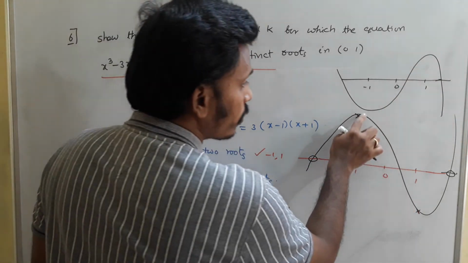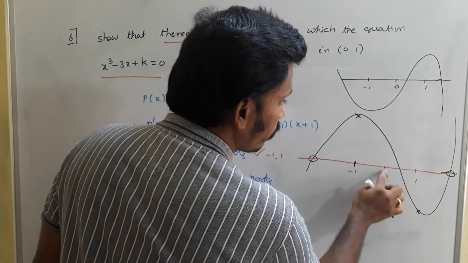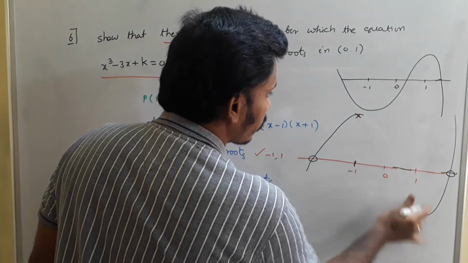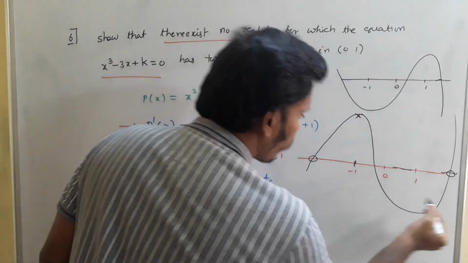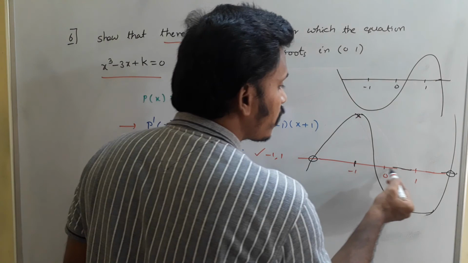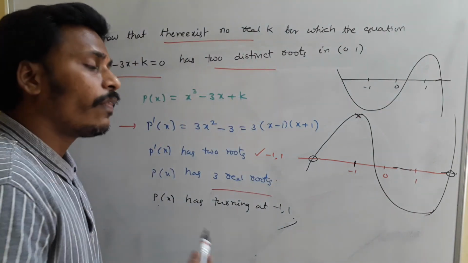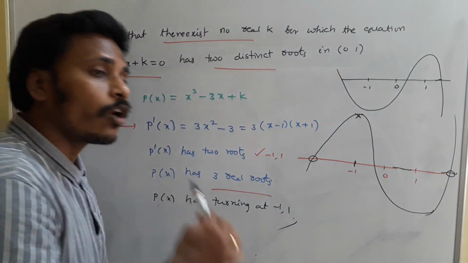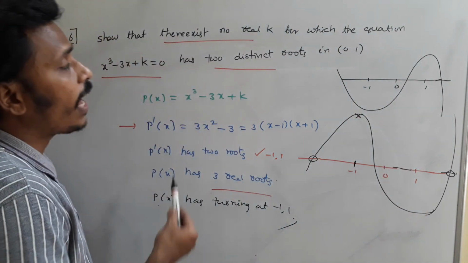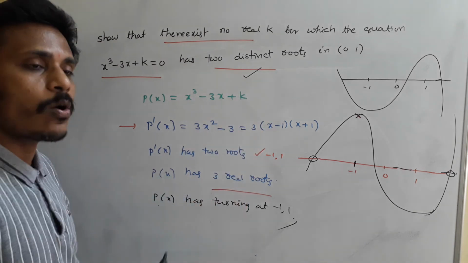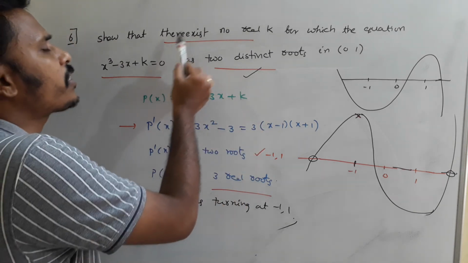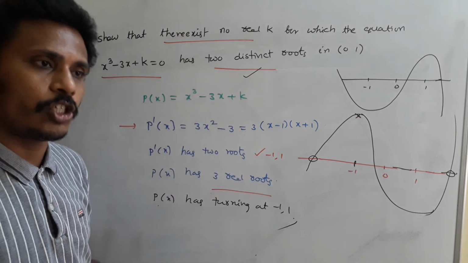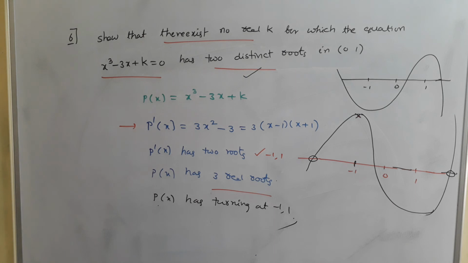Or sometimes this line may not pass through in between 0 and 1. If the graph moves like that, there exist no roots between 0 and 1. There is a chance to get no roots, and a chance to get one root between 0 and 1. But we have no chance to get two roots between 0 and 1. So, there exists no k for which the equation has two distinct roots in 0, 1. That's the problem.